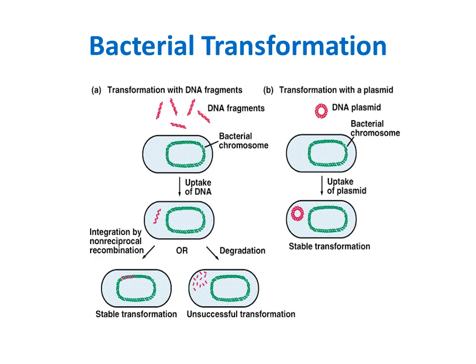The other possibility is that an entire plasmid can get taken up by the bacteria, and this will not usually integrate into the chromosome, but will rather be maintained independently as well.